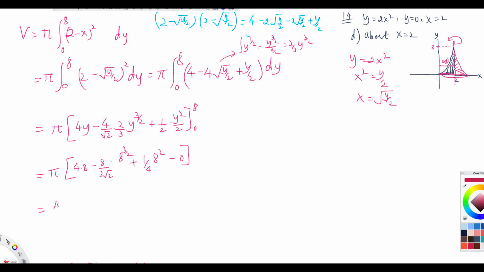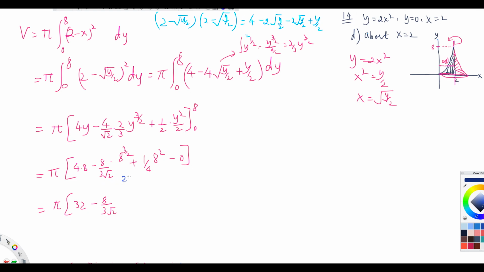So what do you get? Pi, and then this is 32 minus, how much would that be? That will be 8 to the 3/2, right? So 8 over 3 root 2. Basically, you can write 8 as 2 root 2 squared, because we want to cancel that root 2, right?